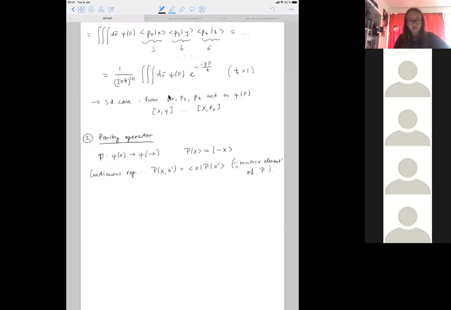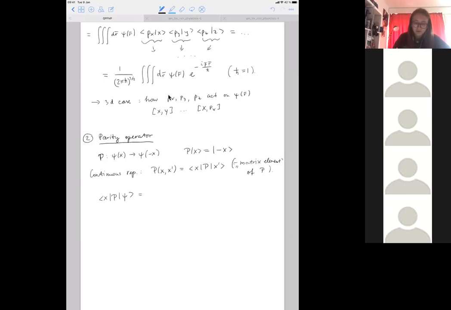And why is this useful? Well, it comes in handy where imagine that you're acting with the operator P on the state psi, and then you want to find out which representation this new state has.